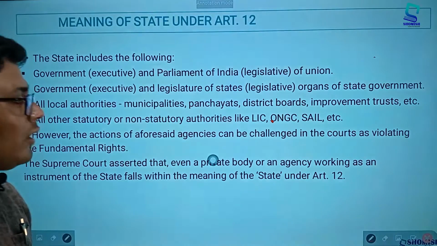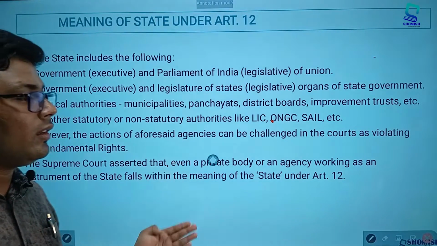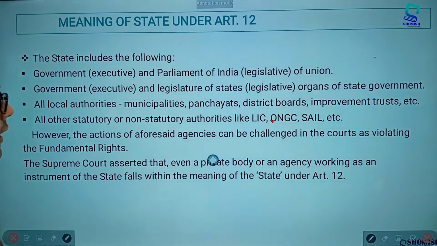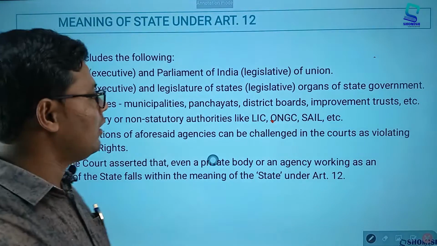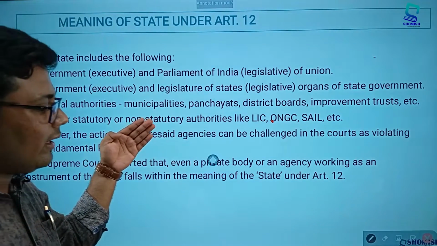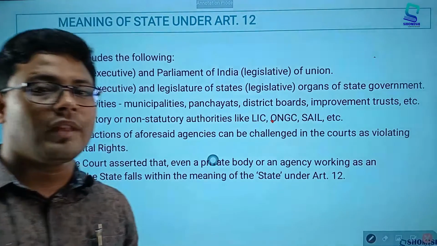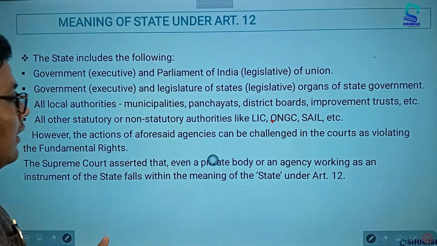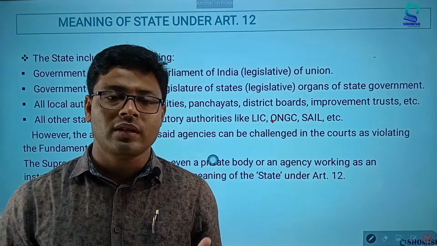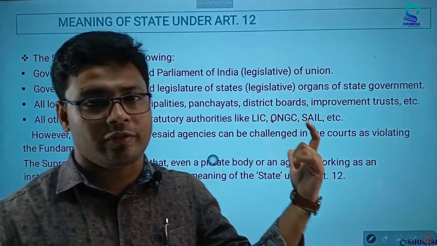Even all the statutory organizations which come under the purview of the Government of India, like LIC, ONGC, SAIL, etc. When all these agencies do any such work which breaches a fundamental right, that time the issue moves to court and all these bodies are challenged in the court. That was the main aspect of Article 12.